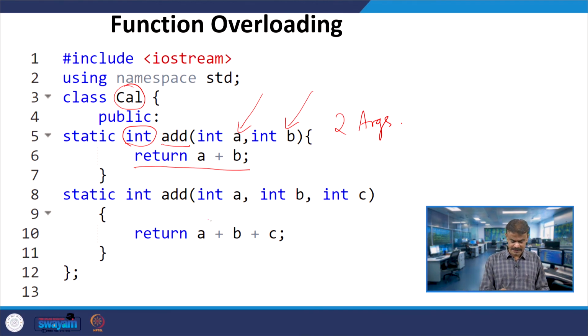Let us say int add, which has a, b and c. So, let us say 3 arguments, all of integer data type, and here you are returning a plus b plus c.